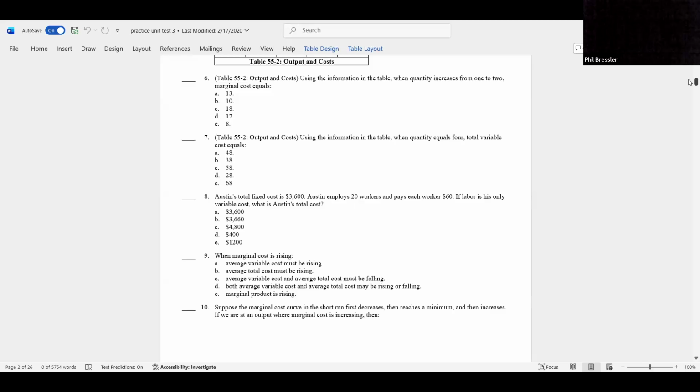But since you don't know if marginal cost is below or above average total cost, you don't know if it is rising or falling. Does that make sense, Stephen? The answer would be D, Stephen.